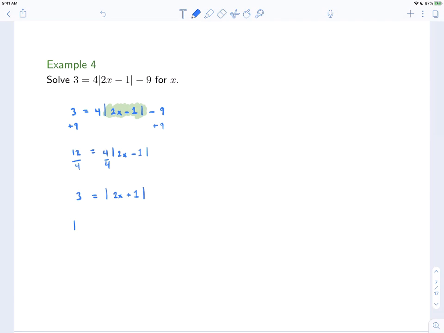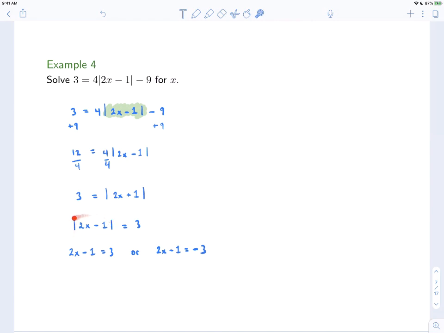So let's swap these two. The absolute value of 2x minus 1 is equal to 3. So that tells us that either 2x minus 1 is equal to 3, or 2x minus 1 is equal to the opposite of 3.